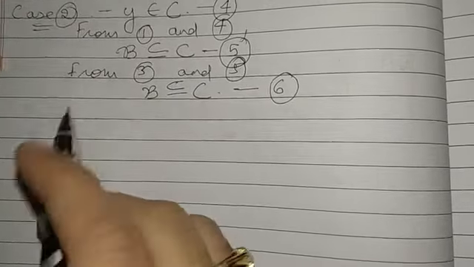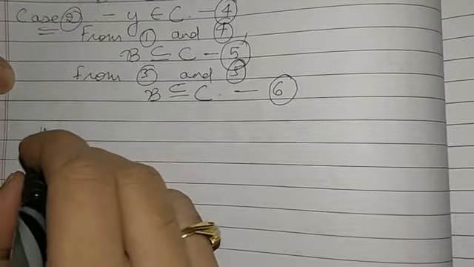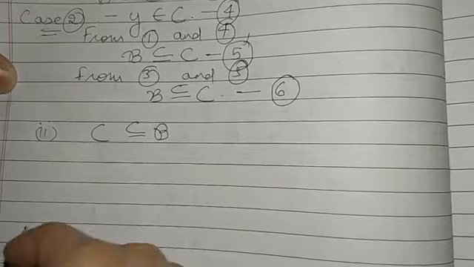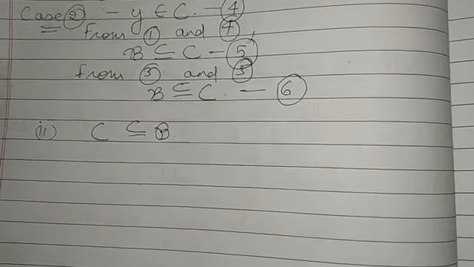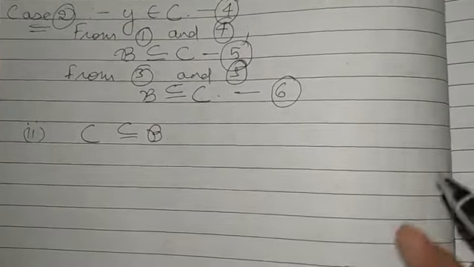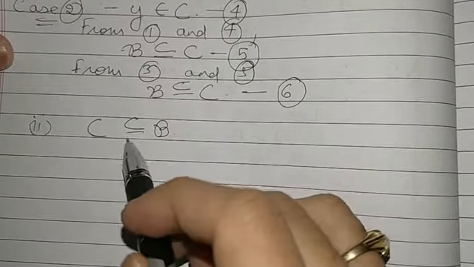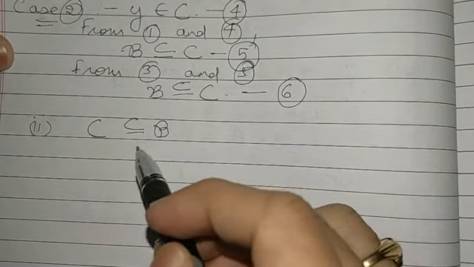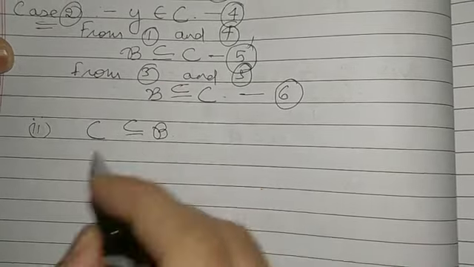Now we have to prove that C is a subset of B. In a similar way to what you have done in the first part, that is B is a subset of C, you have to do the same steps for this.